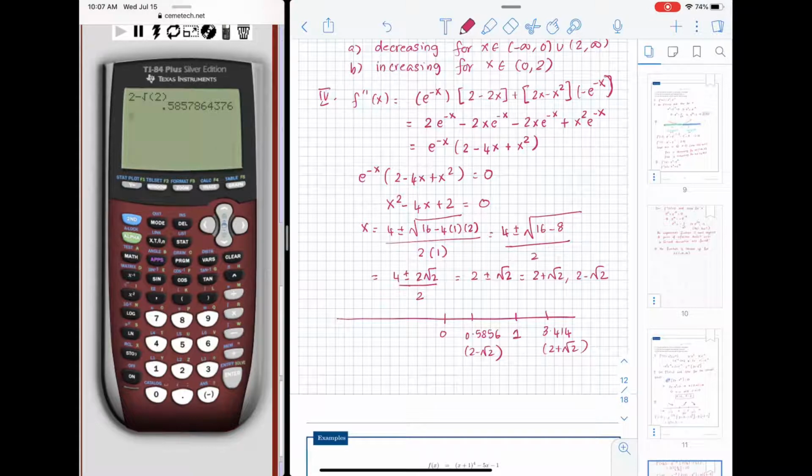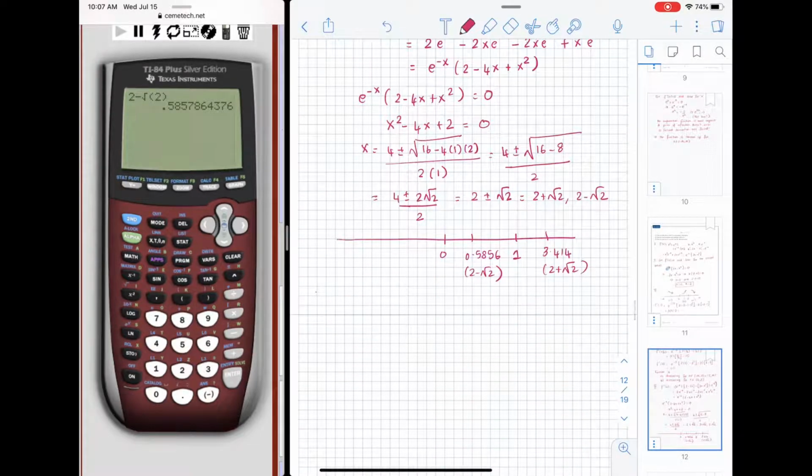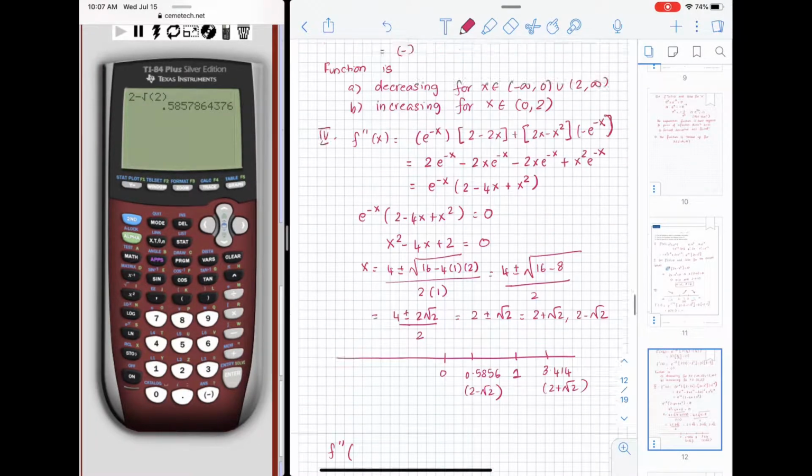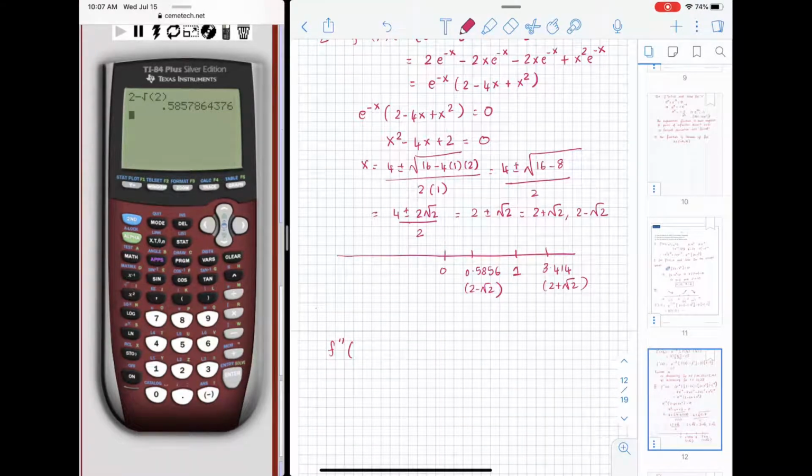I'm going to pick 0.25, which is 1/4, and plug it in the second derivative. So e raised negative x is going to be a positive number, so I'm just going to keep it as positive.